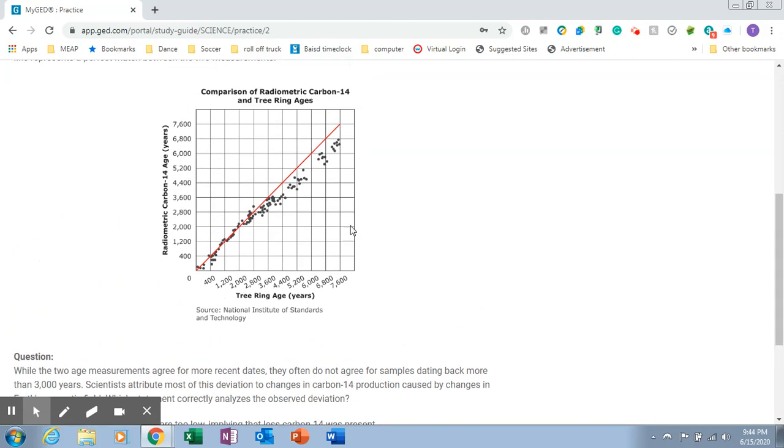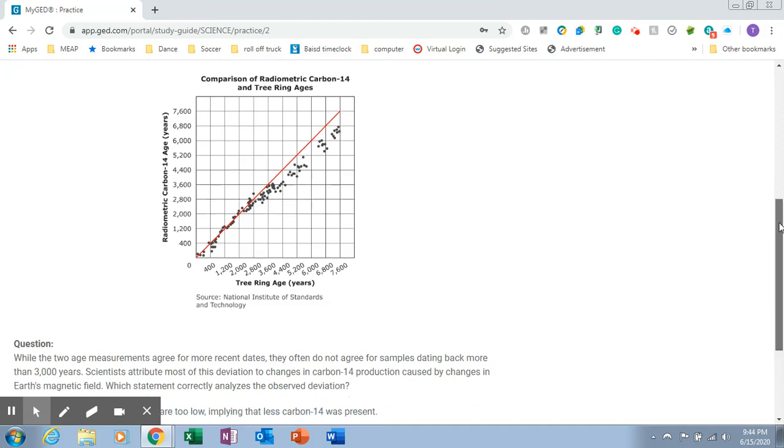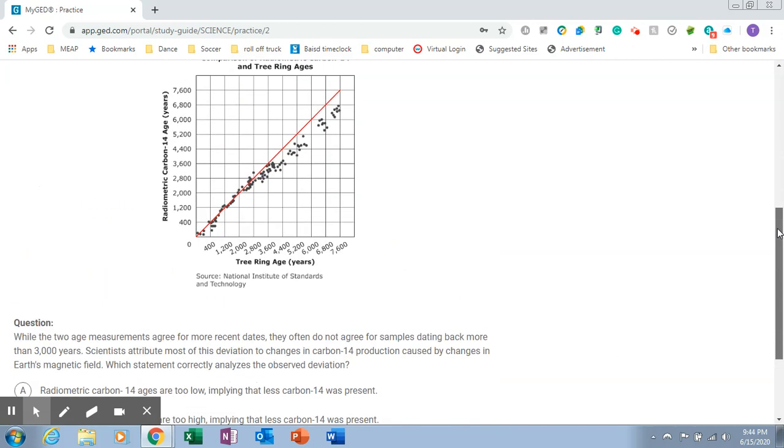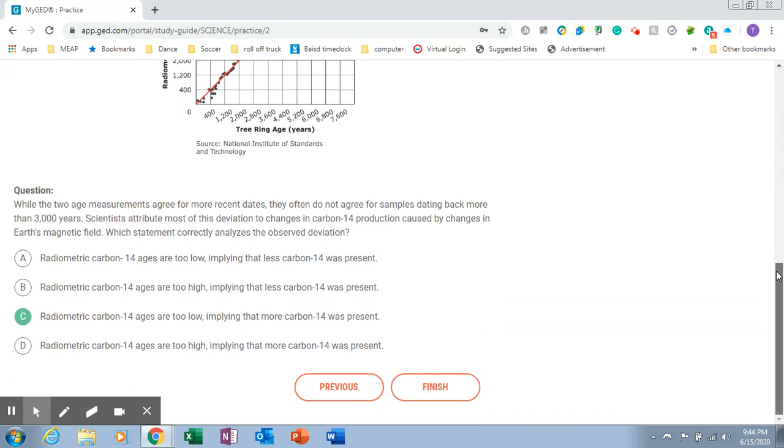So since these dots are younger ages here below the line, that would tend to indicate that there's more carbon-14 present because they're coming in with a younger age. So it's kind of like almost the opposite of what you'd think. More carbon-14 is younger, less carbon-14 would be older. More carbon-14 would be younger.